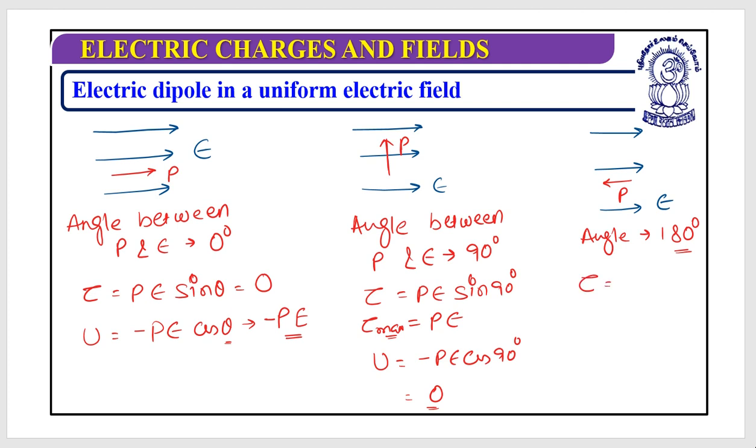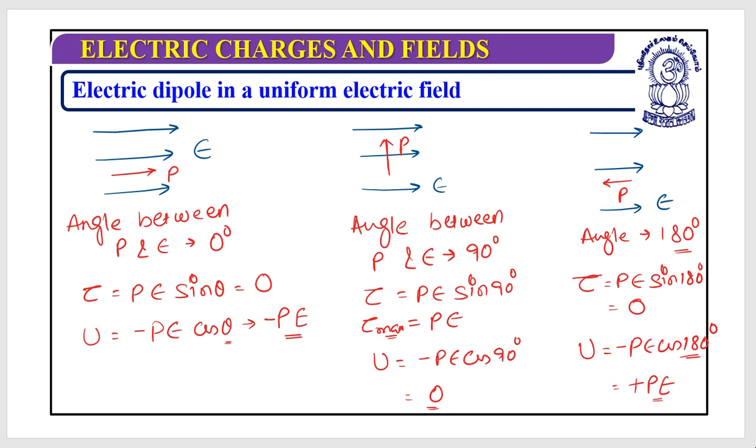What is the torque? PE sine 180. Sine 180 is 0, so the torque is 0. What is the potential energy U? It's minus PE cos 180 degree. Cos 180 is minus 1, so this is plus PE.